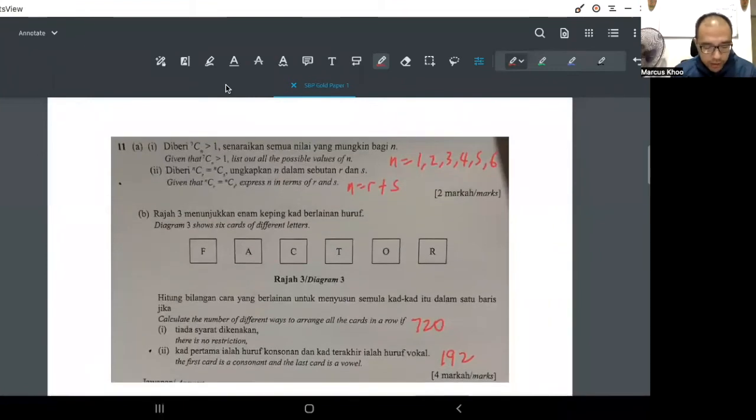Okay, question 11. Given that 7Cn is more than 1, list out all the possible values of n. There are a couple of ways to do this. I've given you the answer, but how you determine this is, number 1, you know that the value down here cannot be more than the value up here.